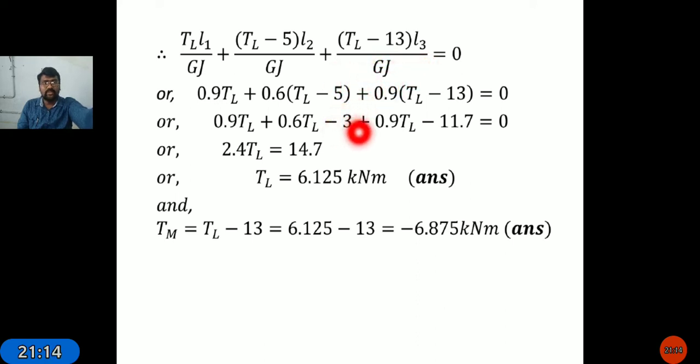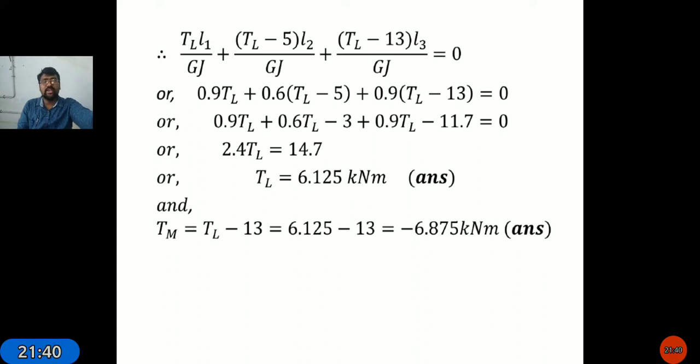By simplifying this equation, we will get the value of torque developed at L equal to 6.125 kilonewton meter. By substituting this value in TM, we will get the value of TM as minus 6.875 kilonewton meter. This is the angle of twist developed at both ends.